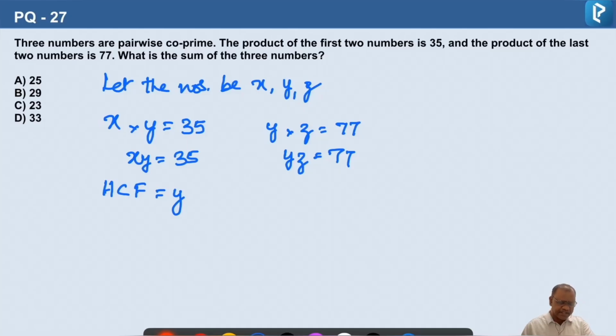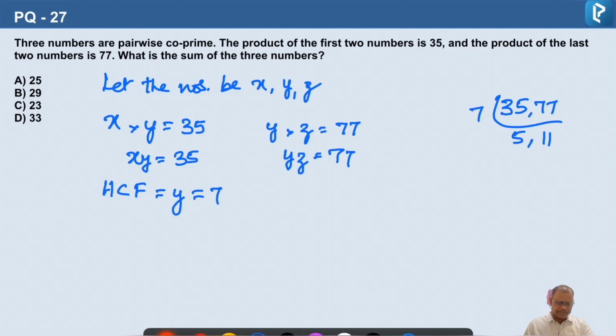And for 35 and 77, what is the HCF? Let us find out. Both of them are divisible by 7: 7 fives, 7 elevens. 5 and 11 are co-prime, not divisible by any common number. So 7 is the HCF. So y is equal to 7.